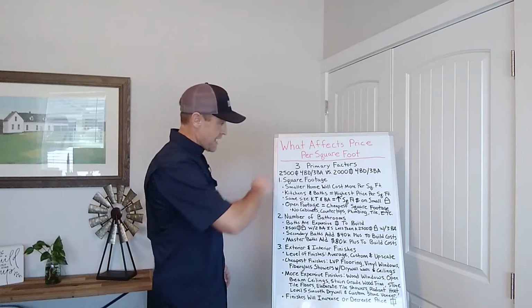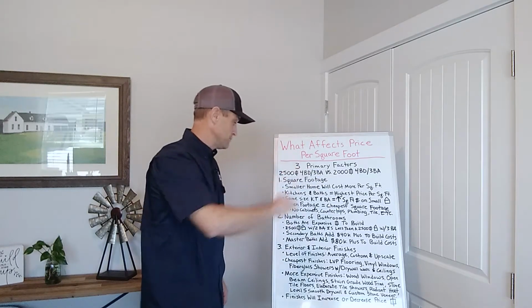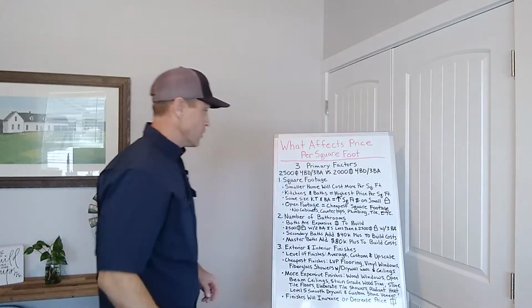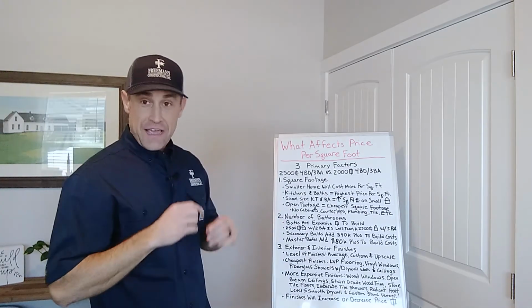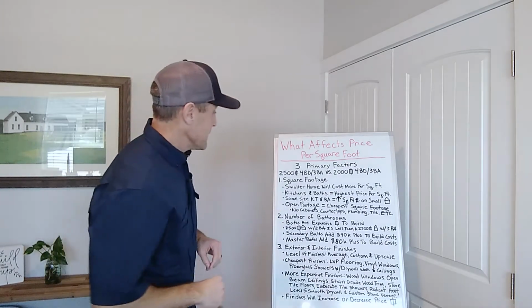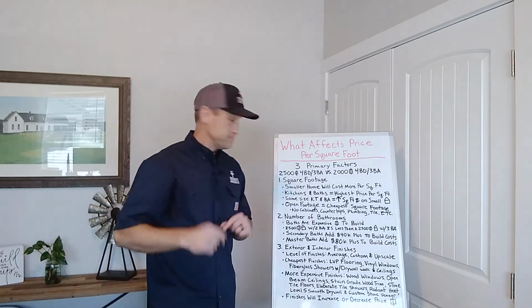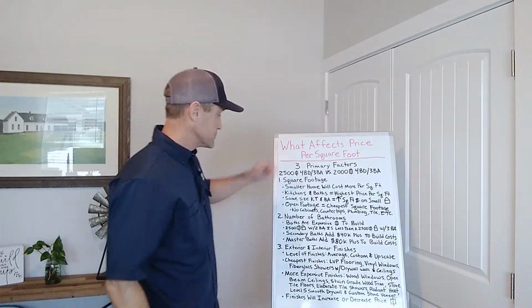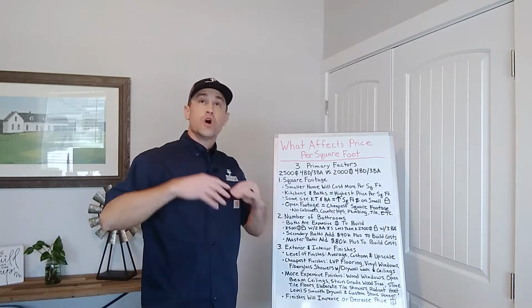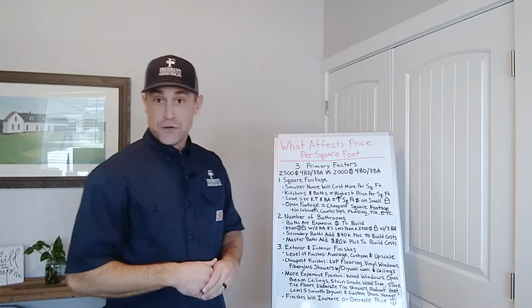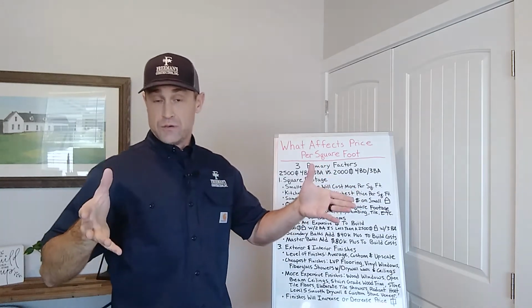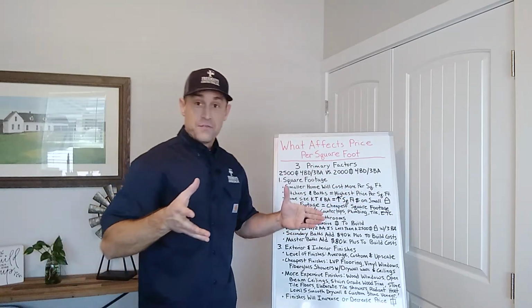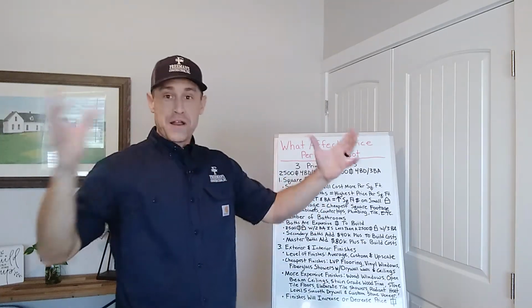So first thing is the actual square footage itself, okay? The smaller home that has the same amount of bathrooms and the same size kitchen, and very similar finishes, is going to cost more per square foot. Now, kitchens and bathrooms are the highest cost square footage in the home. So if a full house is $250 a square foot to build, that's including all the open areas in the home.